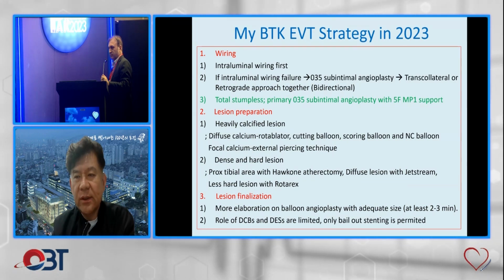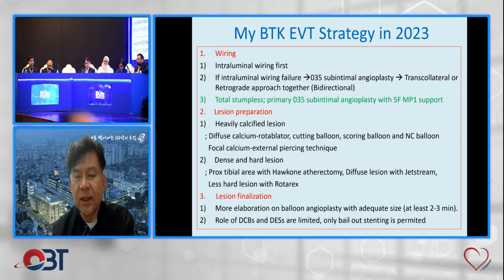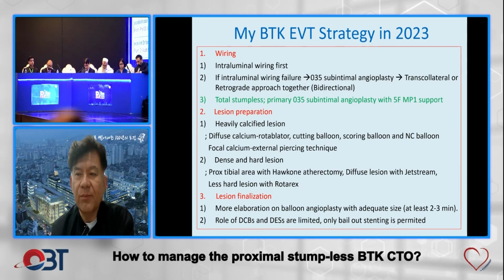Just entry point and exit point recovery completely, and the salvage of the limb is most important. In our data, it's no problem either by subintimal or intraluminal. We are now conducting a randomized study of subintimal versus intraluminal, but until now we don't have any difference. So I think limb salvage is the most important issue.